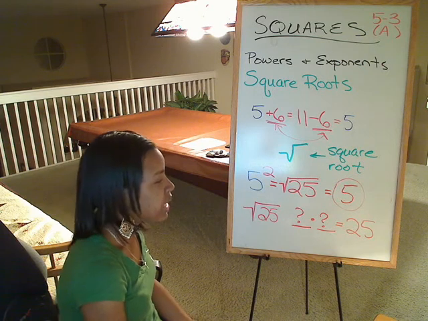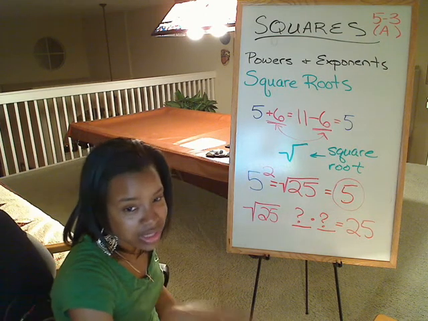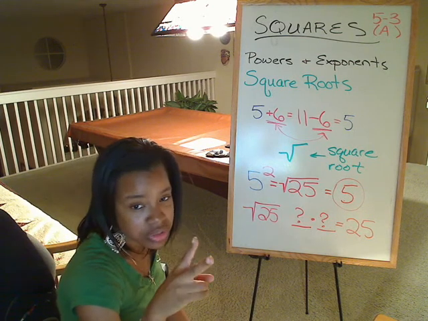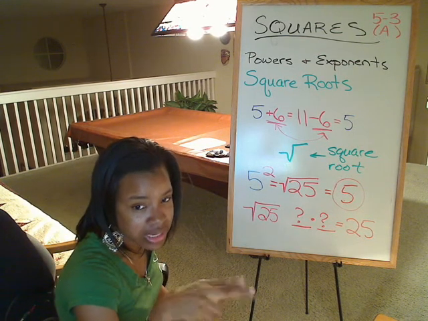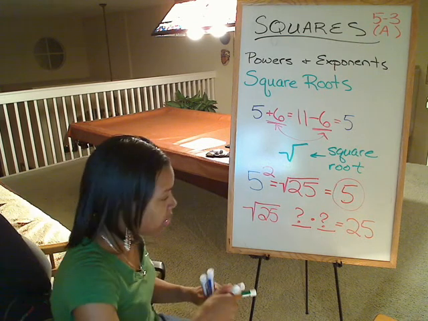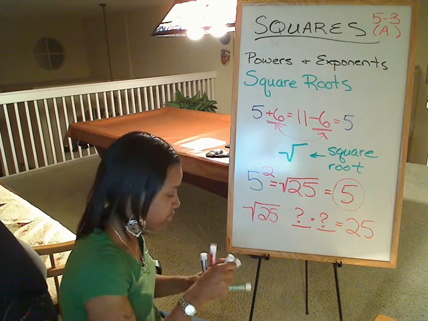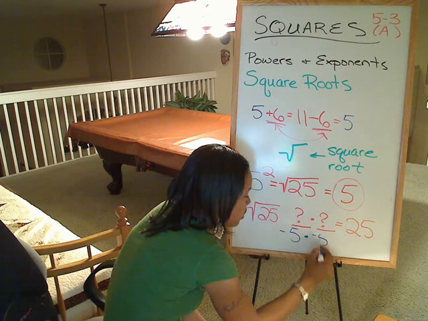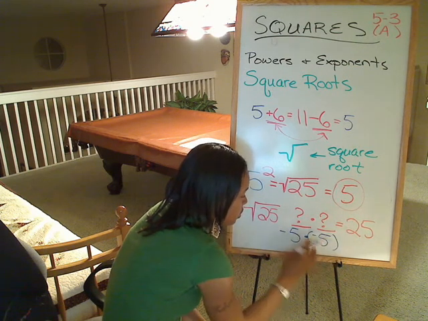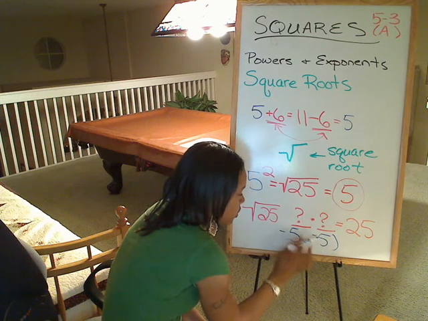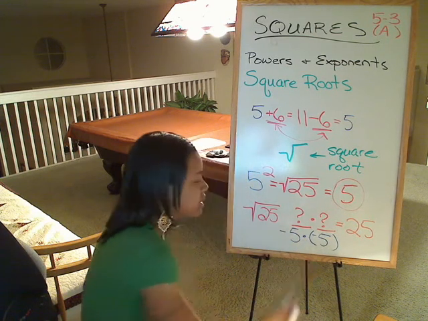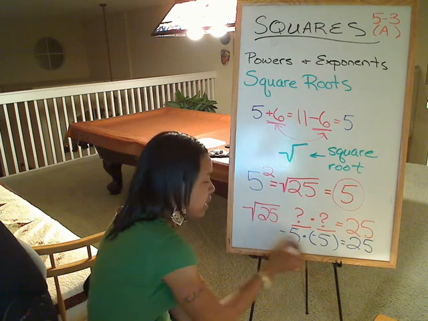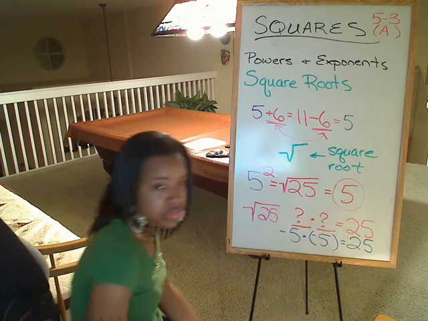Okay? Now, the reason why I said I messed myself up is every square root actually has 2 answers. Okay? A positive and a negative. Why? Because negative 5 times negative 5 also equals 25, because negative times negative is positive, right?